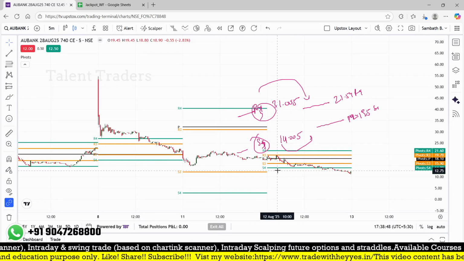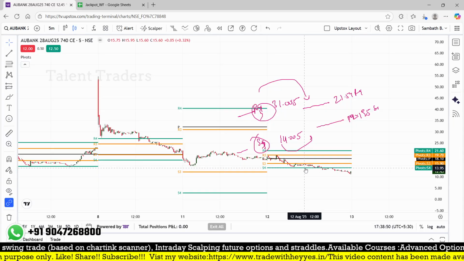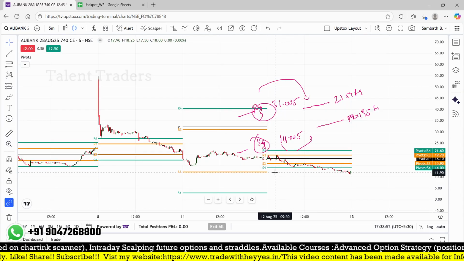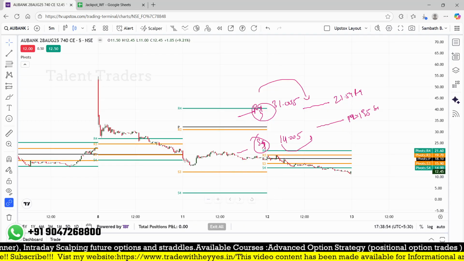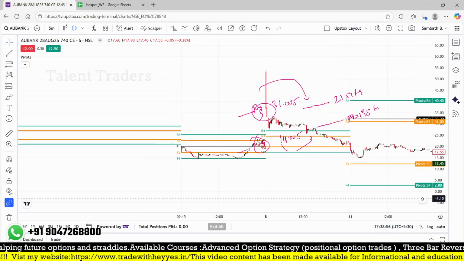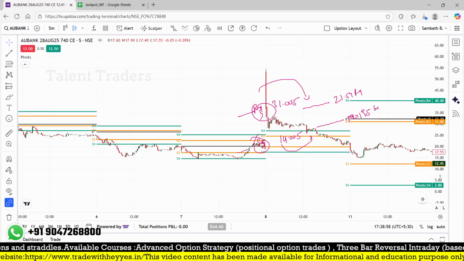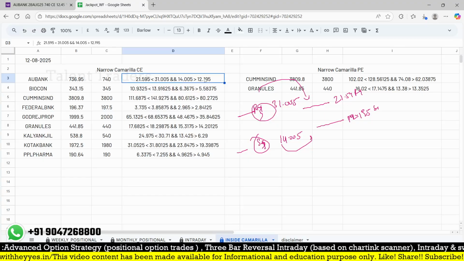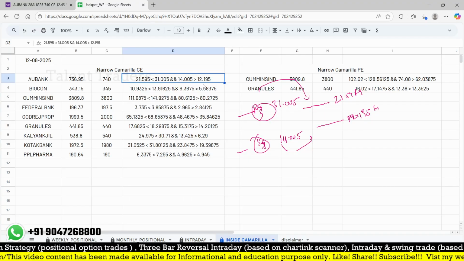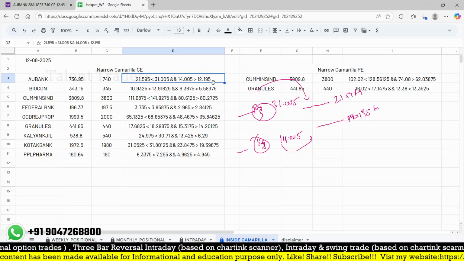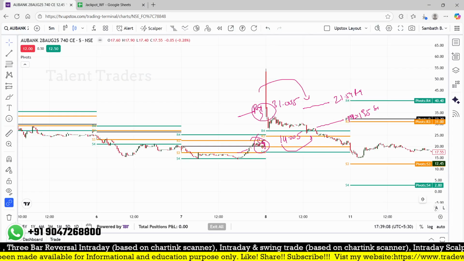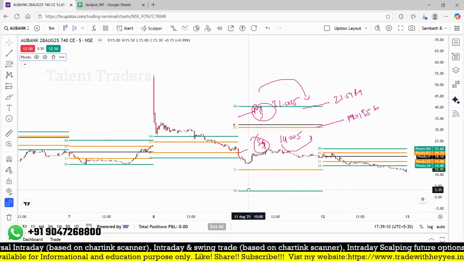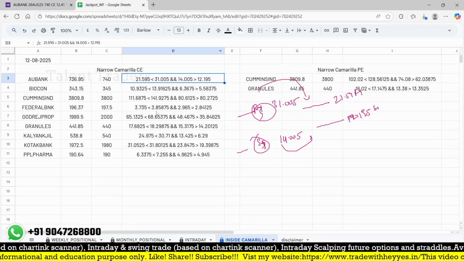Here this value is near about 14, and the previous day is 12.2. The previous day support is shown here as 12.45, but it is exactly 12.20. And today's S4 is 14.